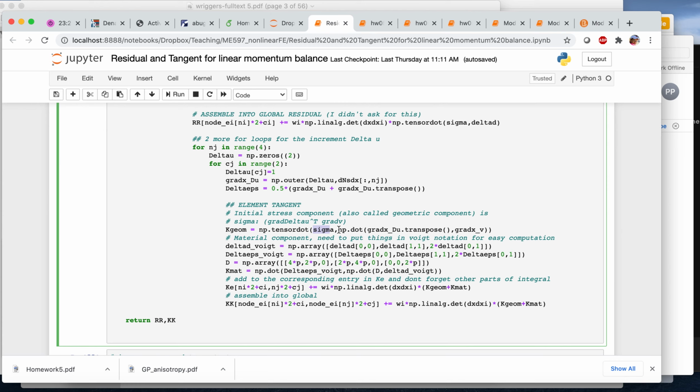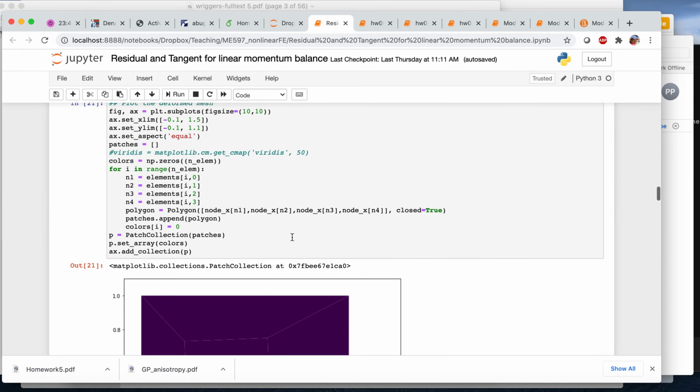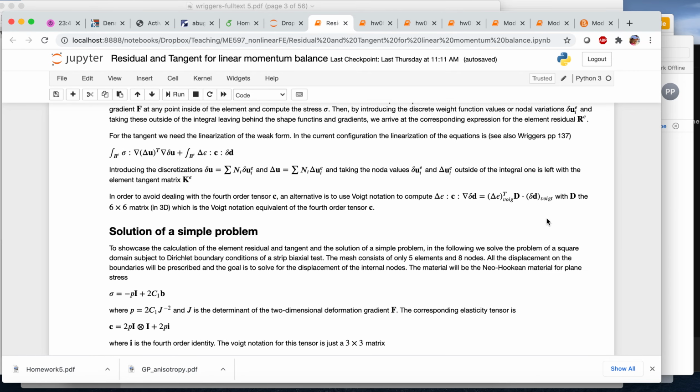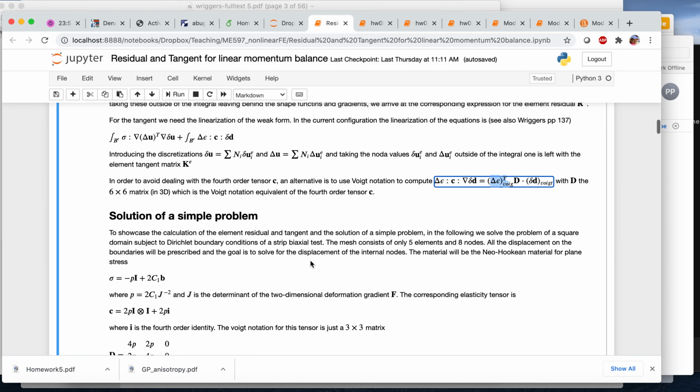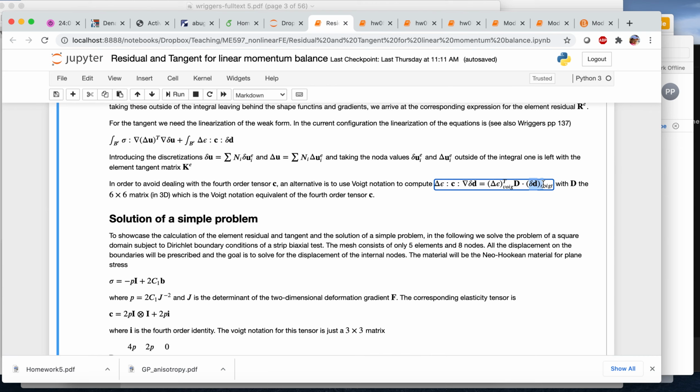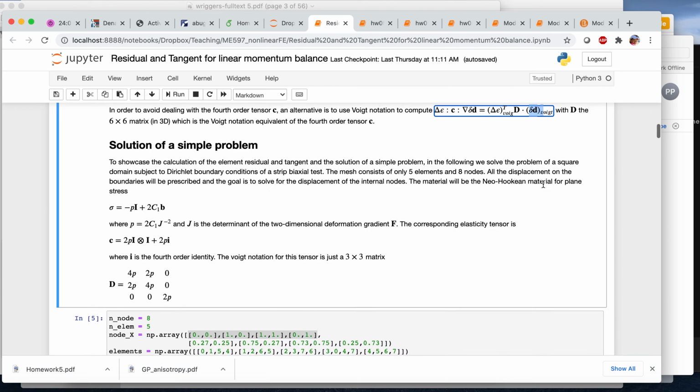And then the other one, the material tangent, is in Voigt notation, a vector. So I need the increment of the strain, but in Voigt notation, times this D matrix, which I gave here, times the variation, but in Voigt notation, so a 3×1 vector.